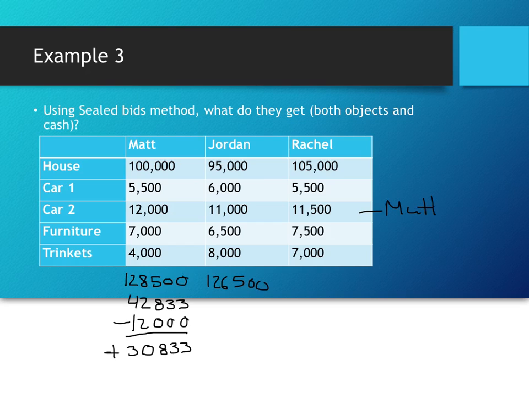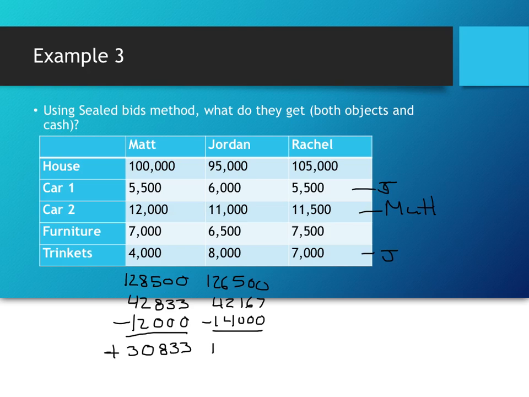$46,500. So his portion in his own mind is $42,167. He's going to get car 1, and also the trinkets. So he got $14,000 worth of stuff.